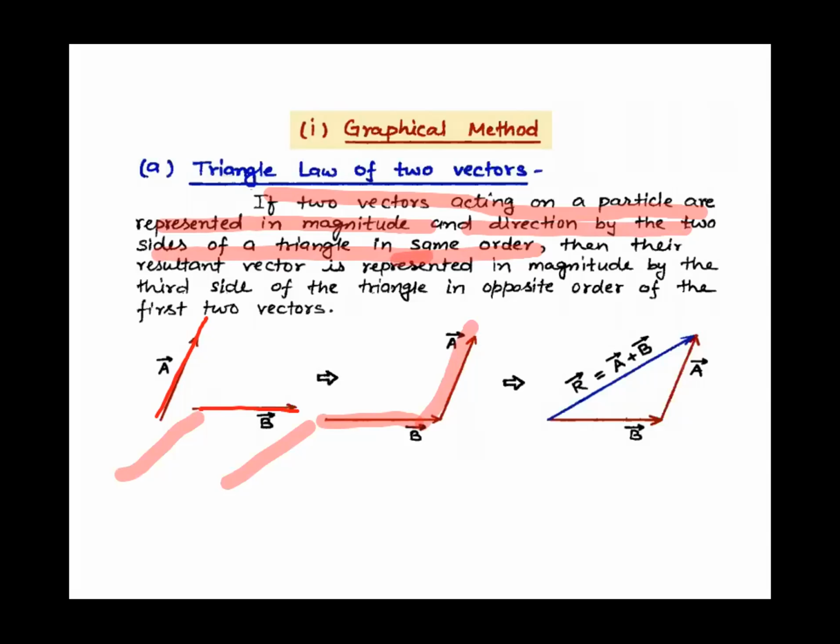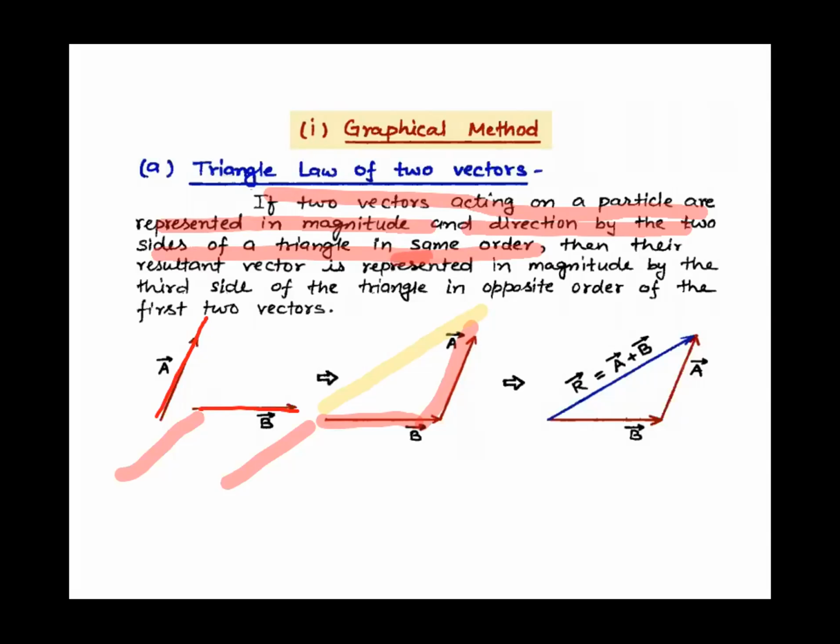So, if the two vectors form the two sides of a triangle, then the third side of the triangle, this yellow side, is going to complete the triangle. That will be the third side of the triangle, and that will give you, children, the resultant of the two vectors, right?